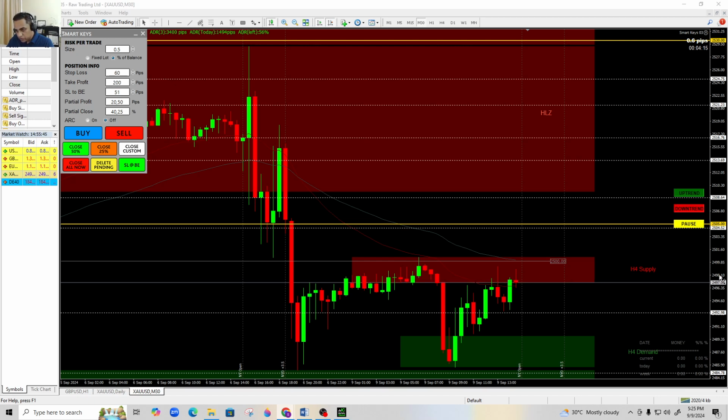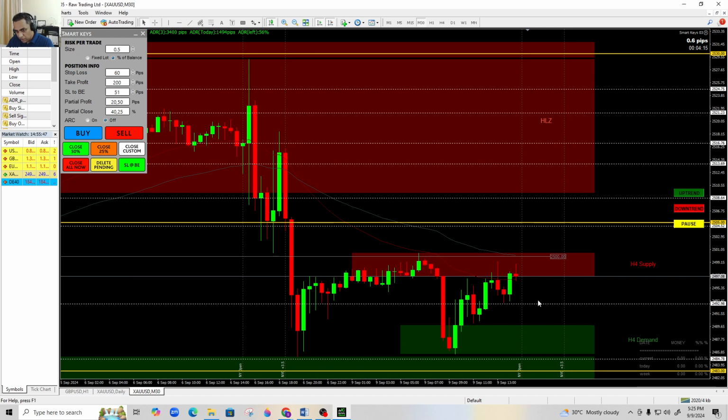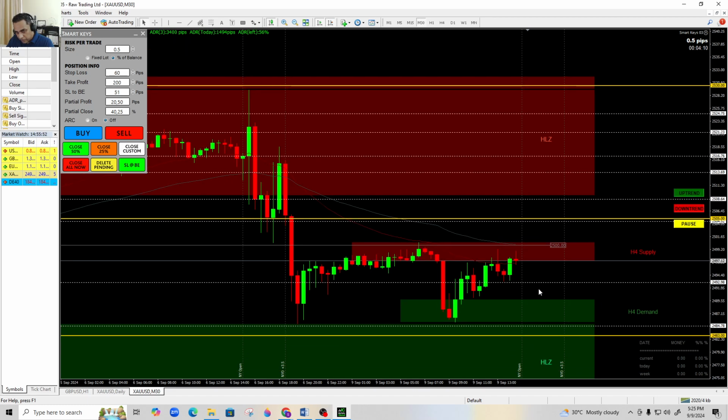Now this one is not very important right now because it's in the middle of supply demand, right? If price is going to bounce, I want a bounce off here. This is important, not that. Even if price does come there and bounce off, not really important, because that's in between the H4 supply demand zone.